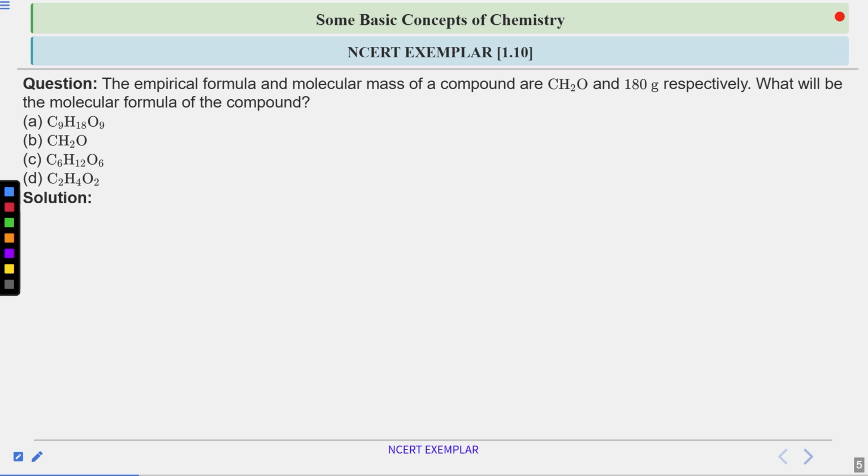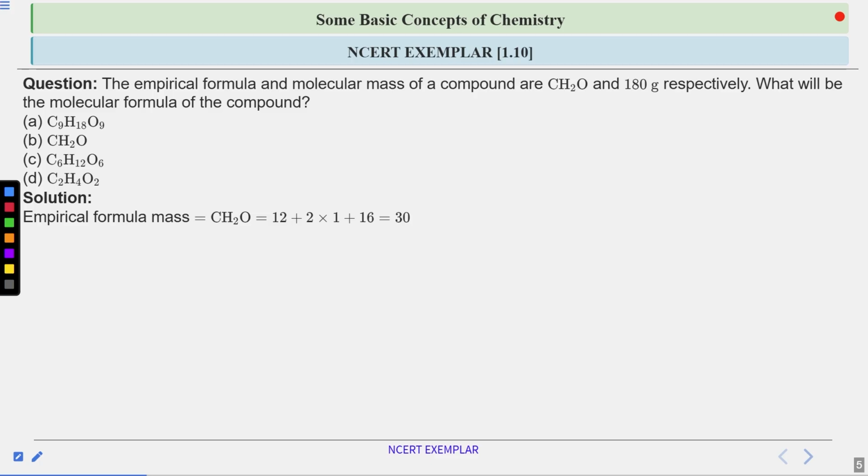How will we solve this question? It's very easy. You just have to calculate the n factor and do the corresponding thing. To do that, we first have to know the empirical formula mass. How will we calculate the empirical formula mass? It will be calculated using the empirical formula.